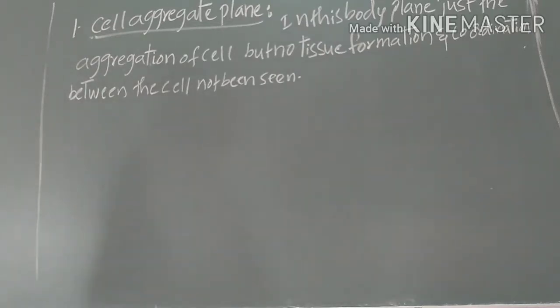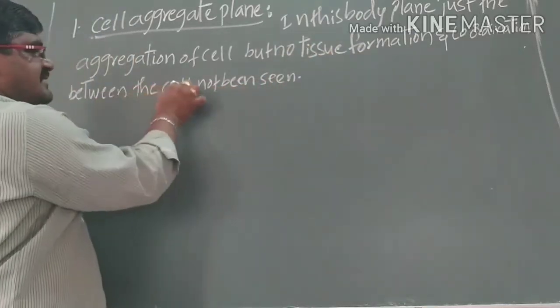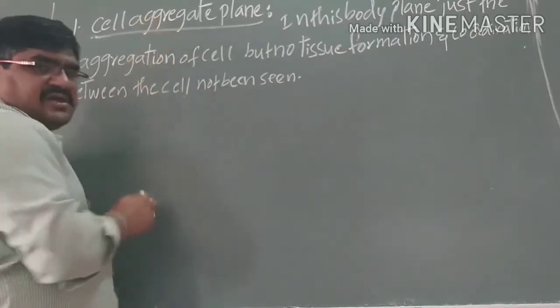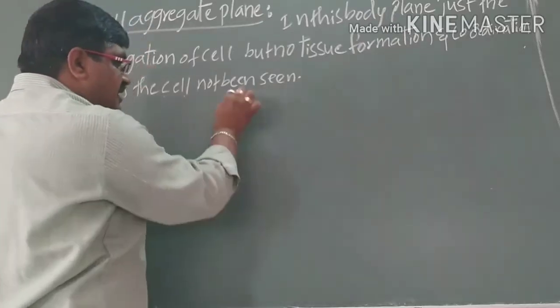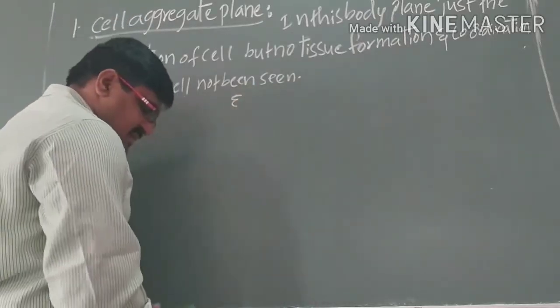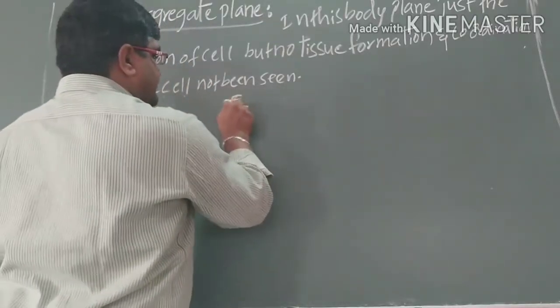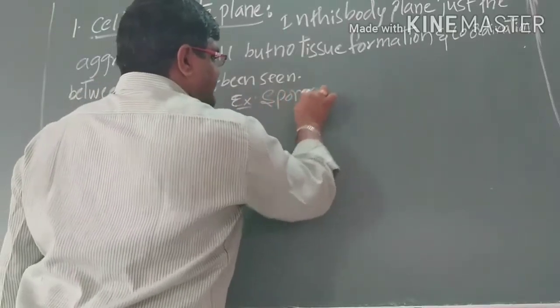So here there is no coordination between them. That means the coordination between the cells does not take place or is not seen. This type of aggregation we can see in sponges.